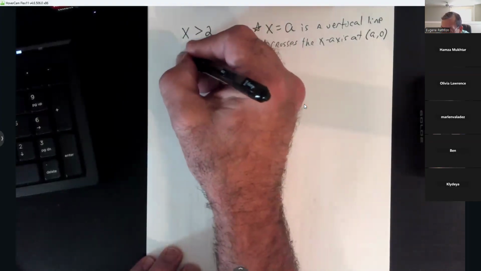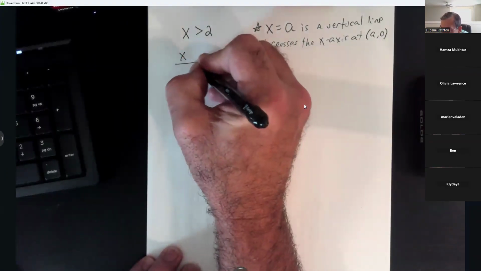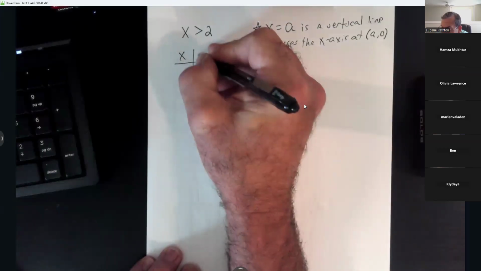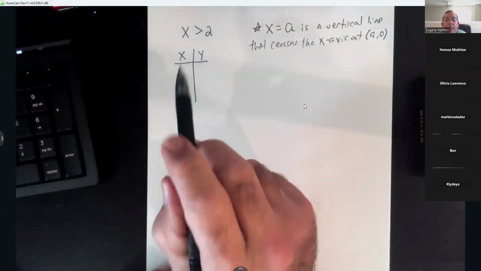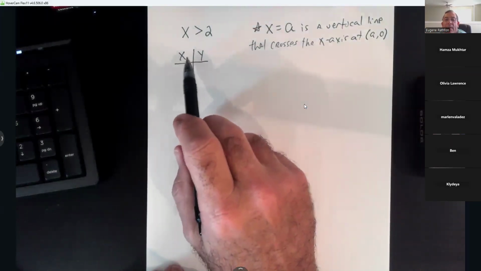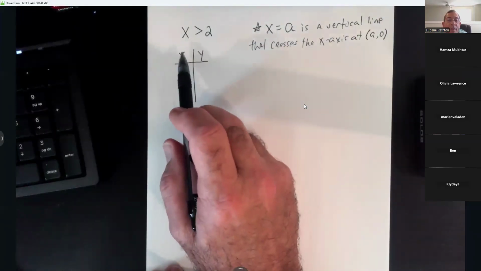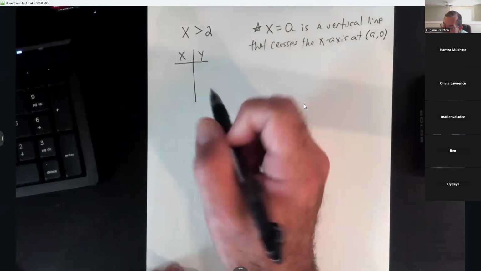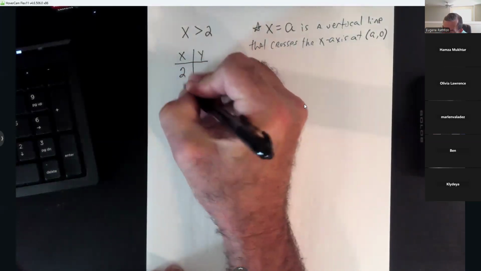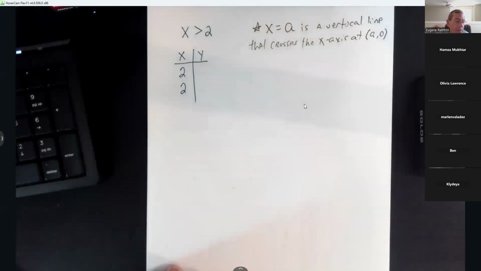So if you're going to make a table of this, since this is a vertical line, that means every one of these x values is going to be 2. So we don't care how many points you pick, but every single x value will be a 2 on this, okay?